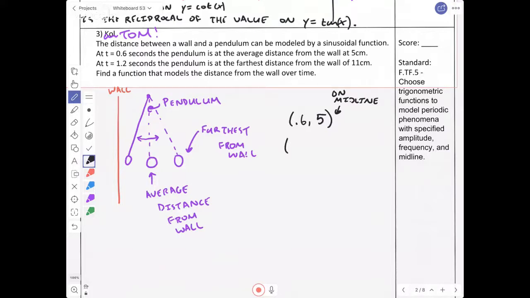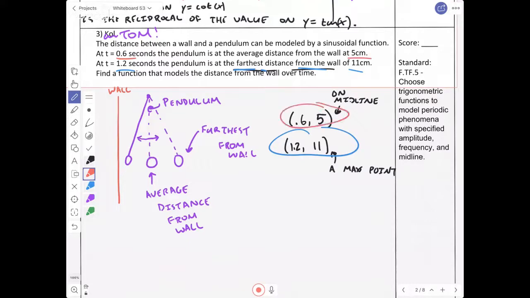And I also know that (1.2, 11) should be on the curve, and that this point should be a max point, because this is the farthest distance from the wall. So here, farthest distance, 1.2, 11, that's this. And here, 5 centimeters, that's this. Average, so that means it's on the midline.